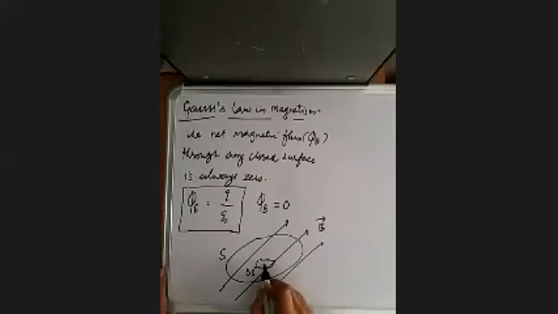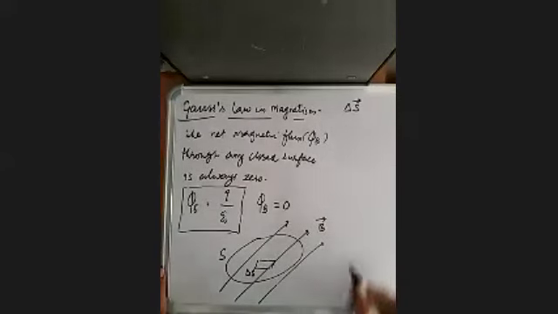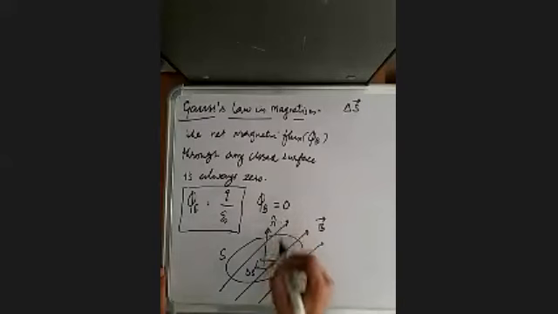It will be represented by this area vector delta S, where n cap gives the direction of this area vector. You know, it is the outward normal that always gives the direction of this area vector.